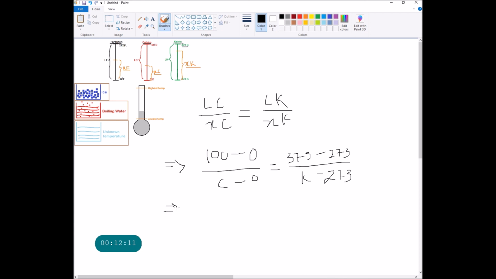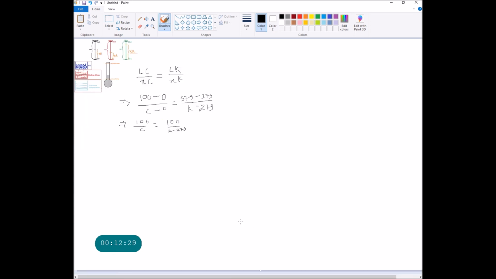So this is 100 by C is equal to 100 by K minus 273. Next, when we cross multiply, we get 100 into K minus 273 is equal to 100 C.